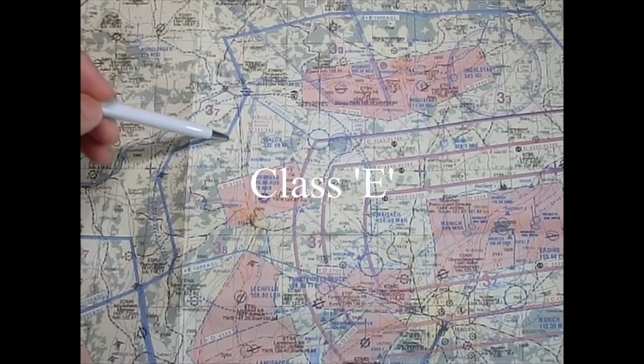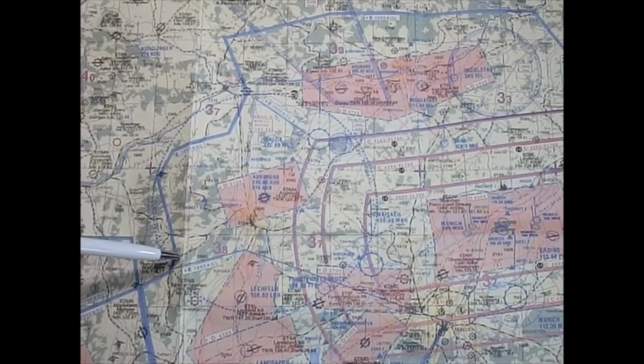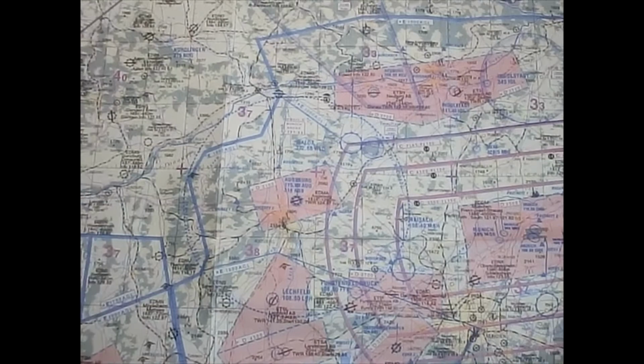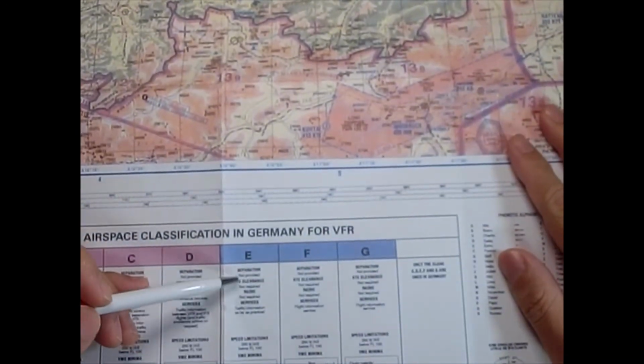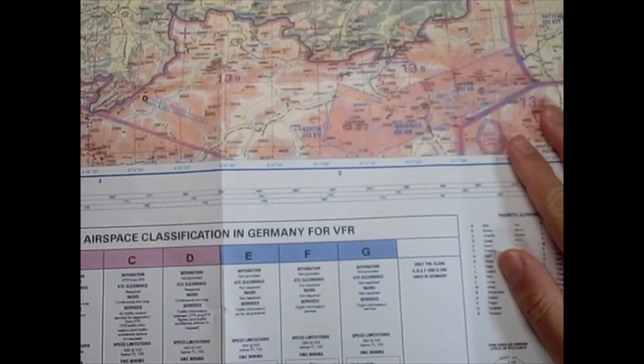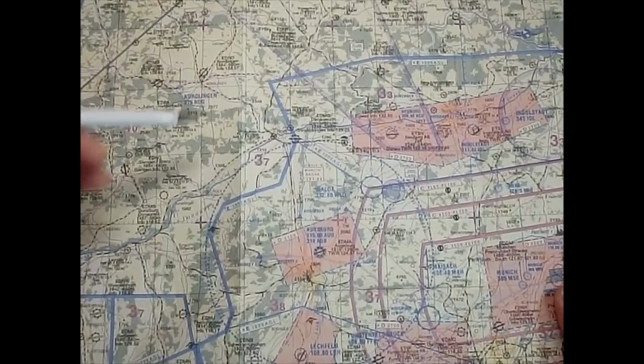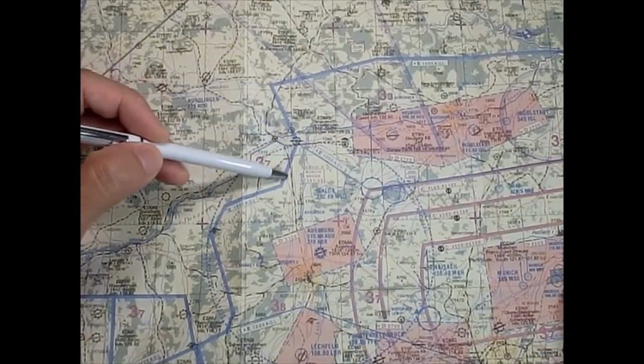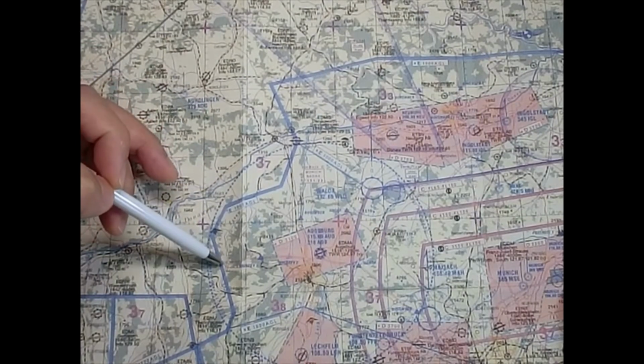I know this is Class E airspace because, first of all, it's bordered in blue. And in blue we have Class E, F, and G airspace. And it also tells me what the lower limits of the airspace are.